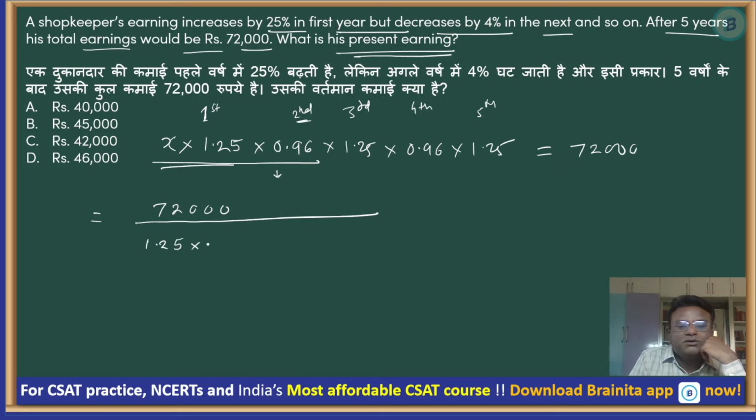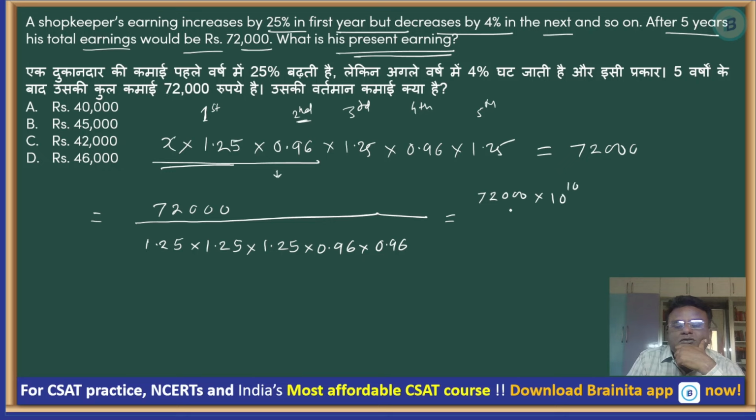1.25 into 1.25 into 1.25 into 0.96. I am thinking of some short way of doing it. Let me see, these are 5 numbers, so I have to remove all the points. So what I will do is multiply by 10 raised to 10 and remove all those points, right?